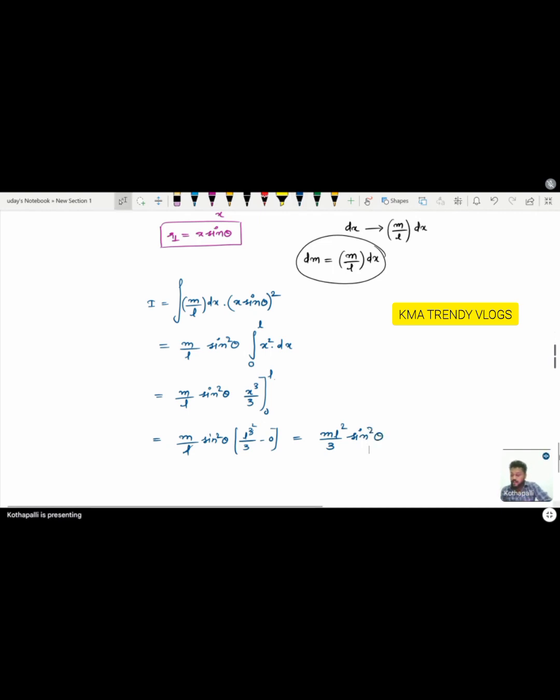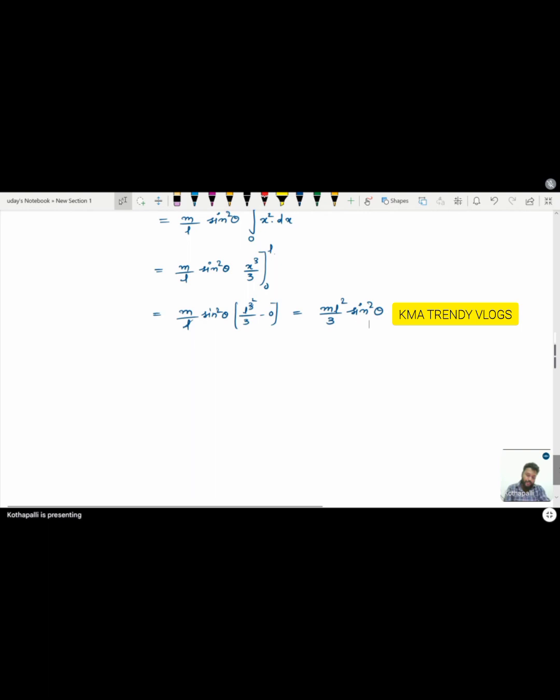That is, the moment of inertia of a rod about an axis passing through its end and making an angle theta with the rod is given by m L squared by 3 into sine squared theta.